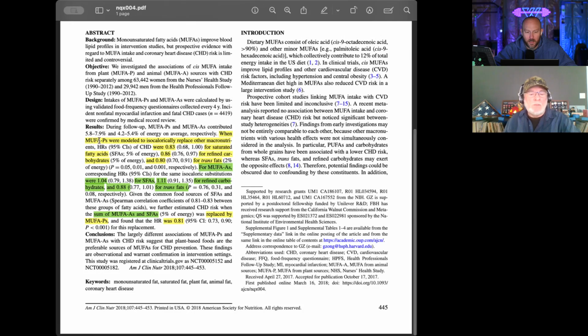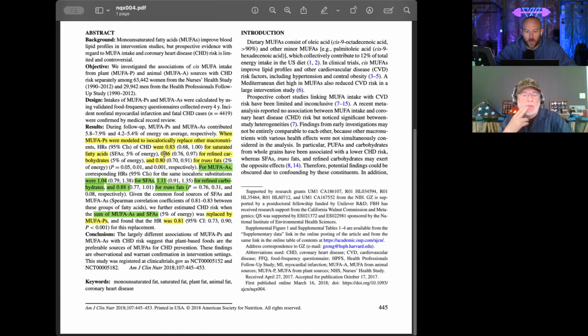When MUFAs from plant sources are modeled to isocalorically replace other macronutrients, so this is where we are replacing saturated fat with a monounsaturated fat from a plant source like olive oil, we see a reduction in risk there of about 17%.